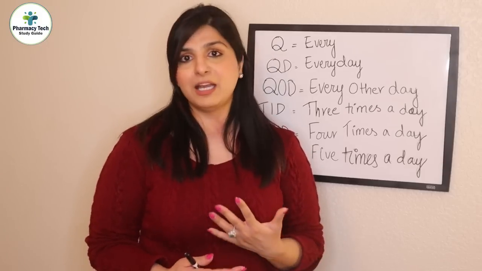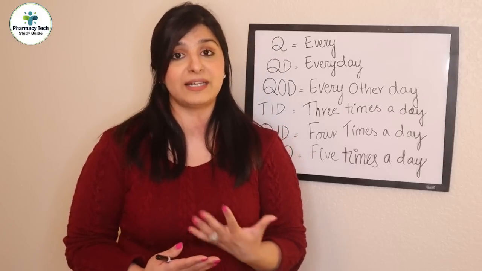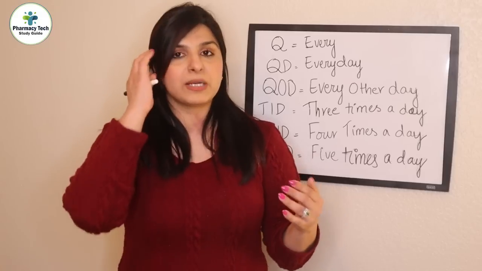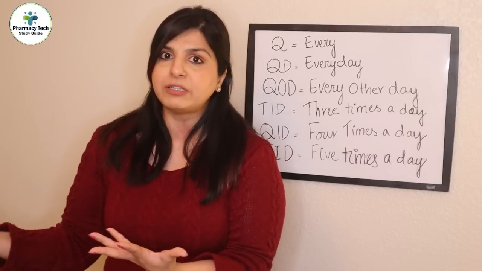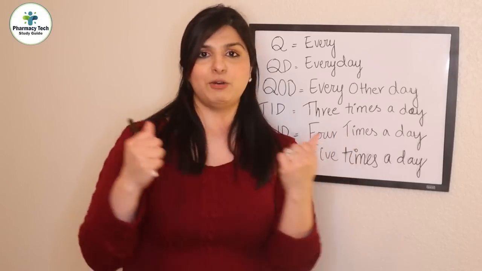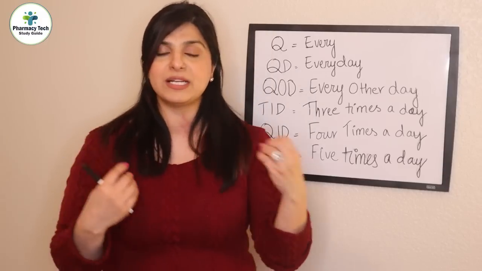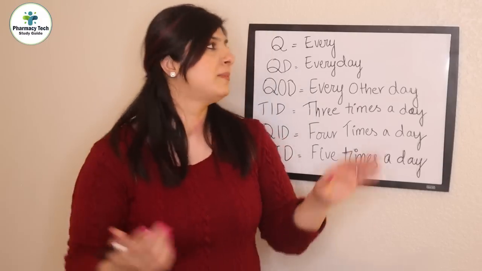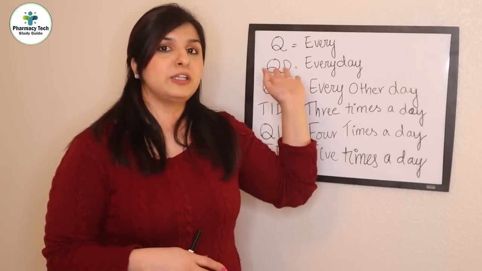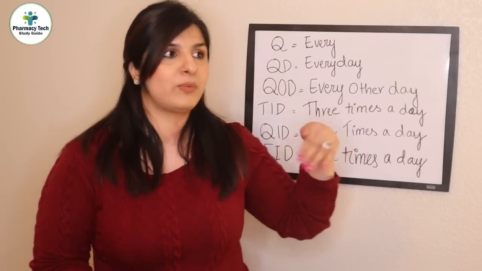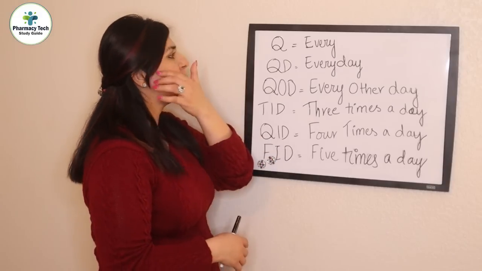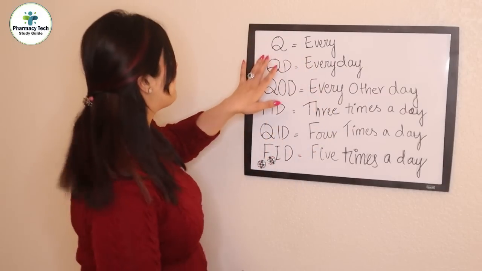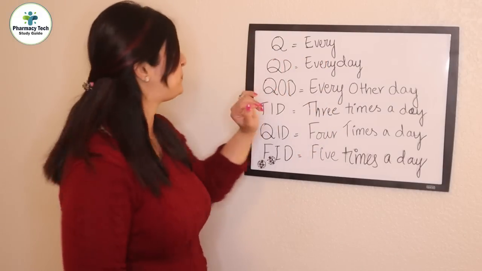So anytime you see the letter Q, that should tell you that we're talking about something every tablet or every 8 hours, 6 hours, but Q means every. You'll get more understanding of it when I talk more later with examples. But for now, just remember Q means every.